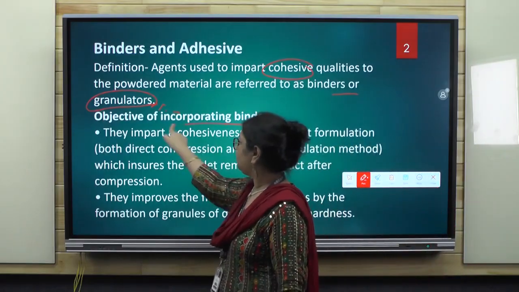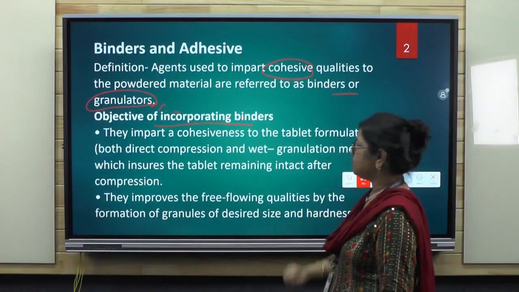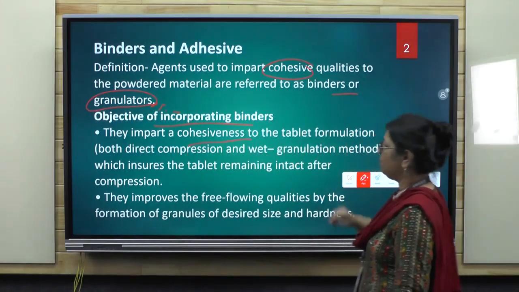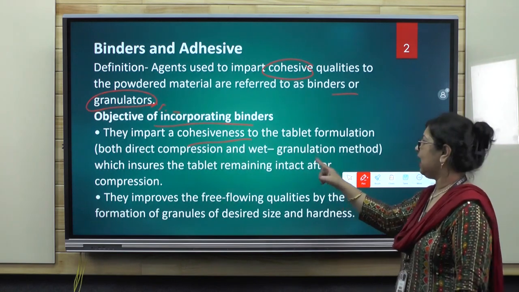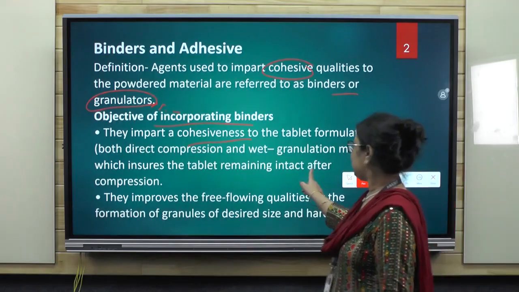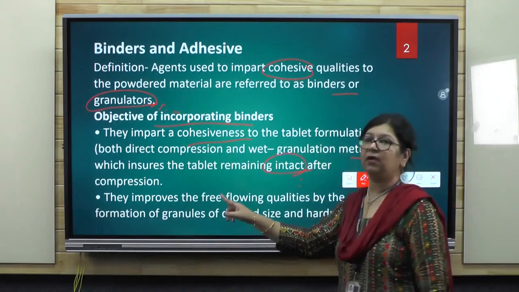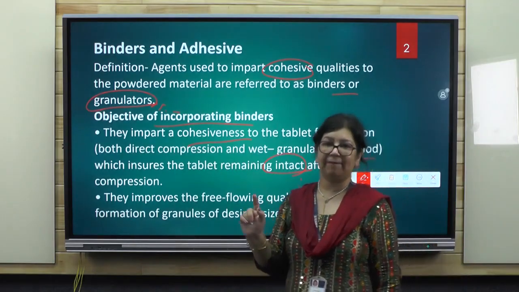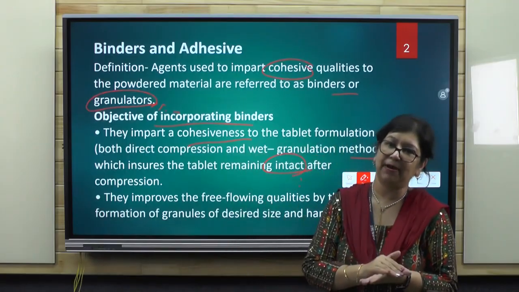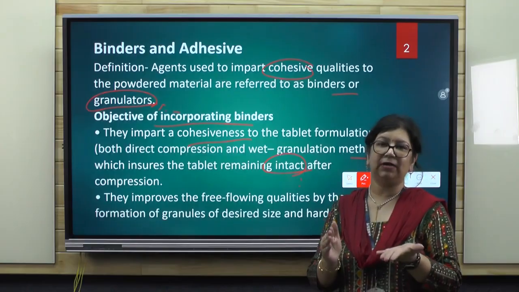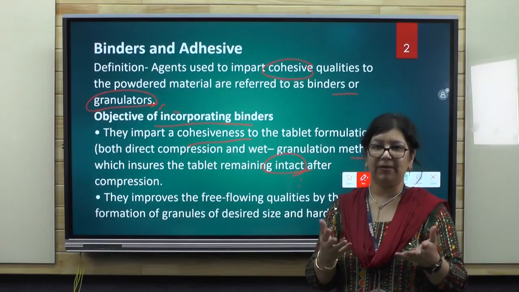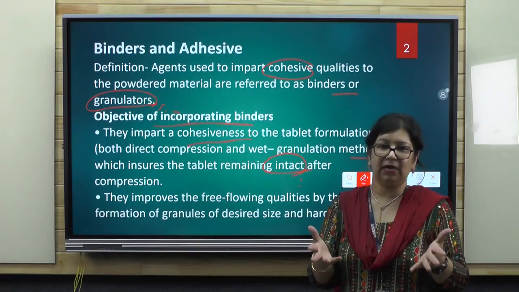And the objectives of the incorporation of binders: they impart cohesiveness to the tablet formulation, both in direct compression and wet granulation method, which ensures the tablet remains intact after compression. So it should not happen that when we compress the powdered material in the tablet die punch and it is removed from the die punch, the tablet will come out but eventually break and fall apart in the form of powder.